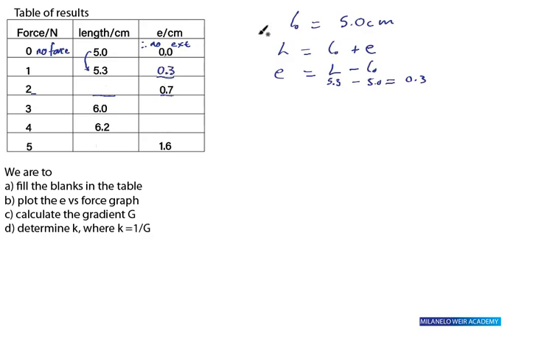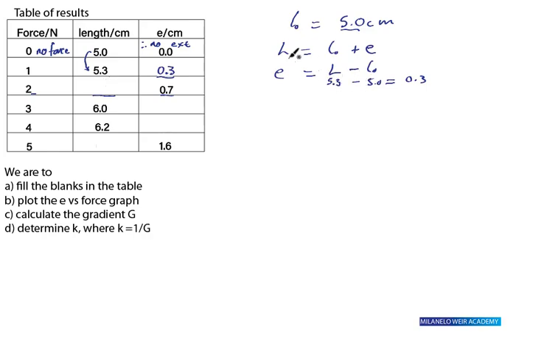So it increases from this length, right? It increases from this length, that is 5.0. But we know that if we increase this by this, we get 5.7, right?